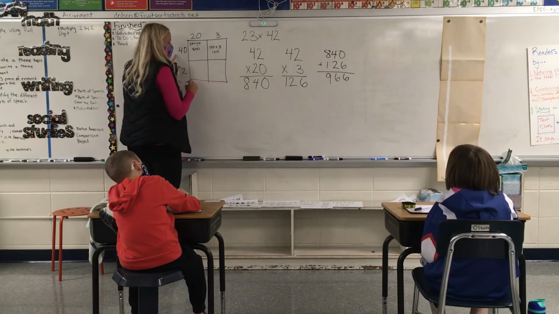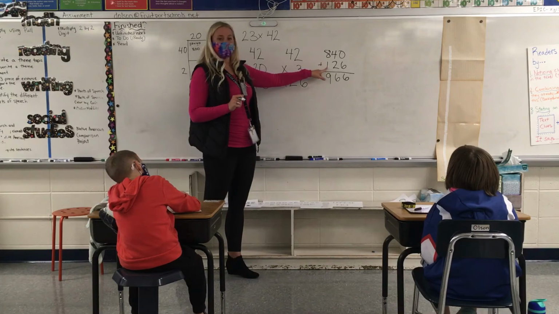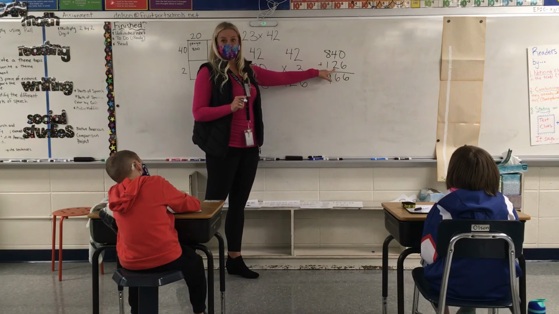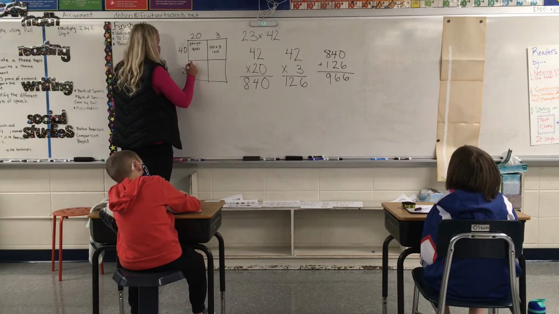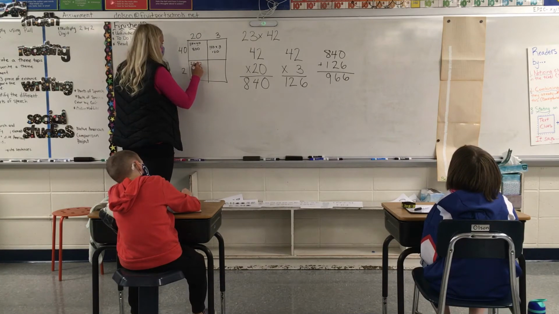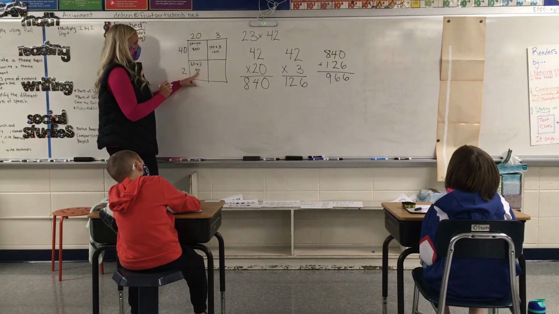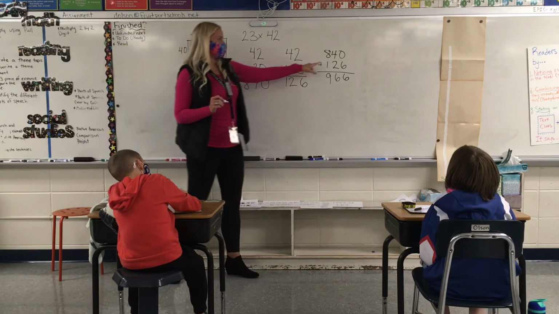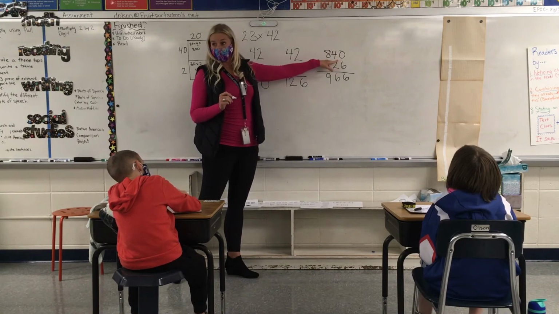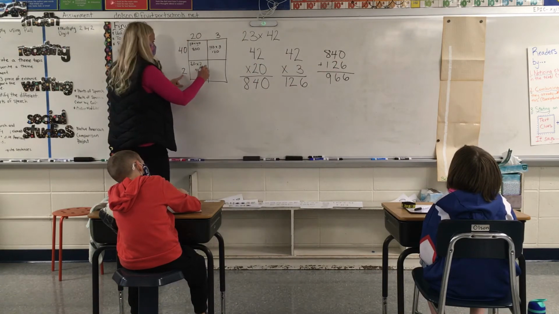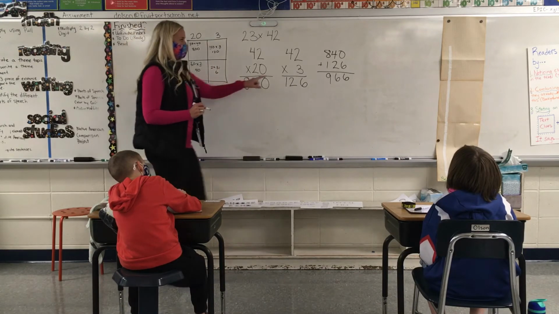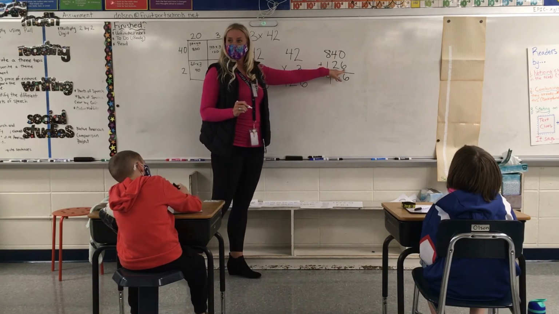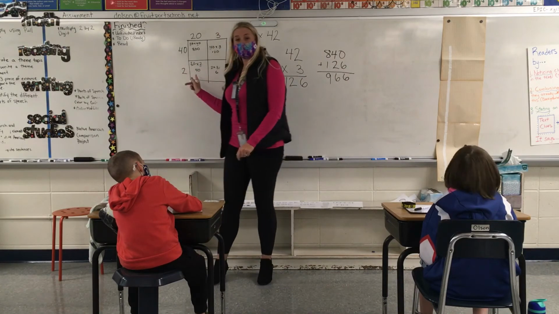I have 120. Do you see the 100? Do you see the 20? Yeah, are you seeing how this works? Okay, now I have 20 times 2. I have 2 times 2 is 4. I add that 0 to hold the place value. Now look at 40. Then 2 times 3 equals 6. There's your 6. Okay? This takes a little longer.